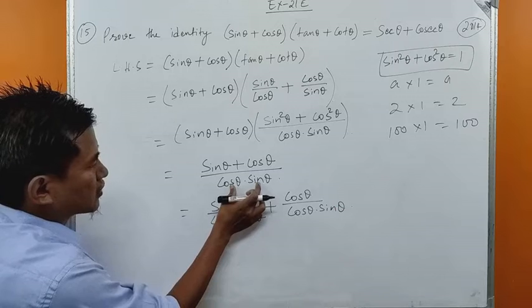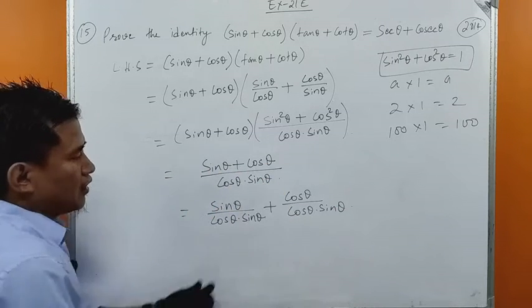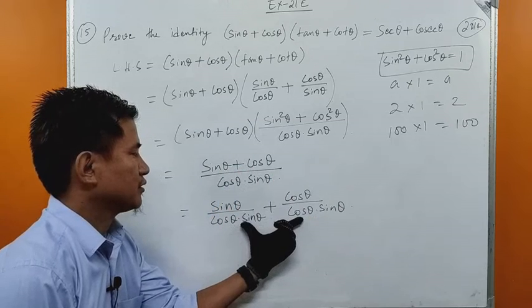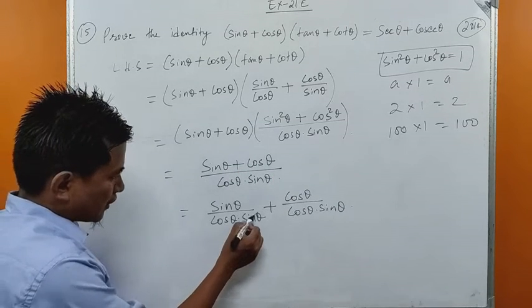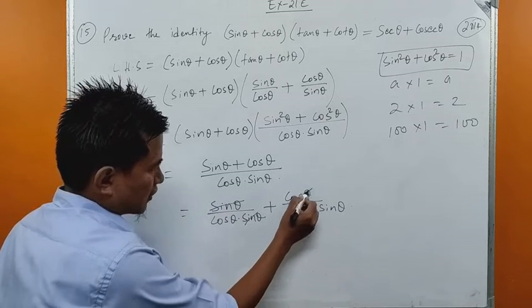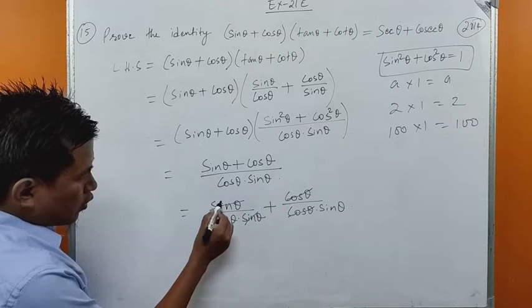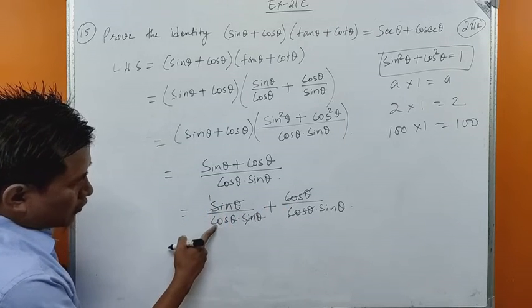Sin theta and sin theta can be cancelled, cos theta and cos theta can be cancelled. So here we have 1 upon cos theta.